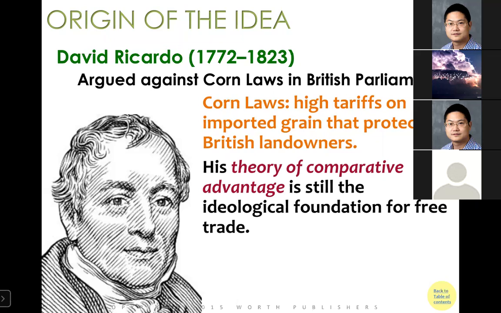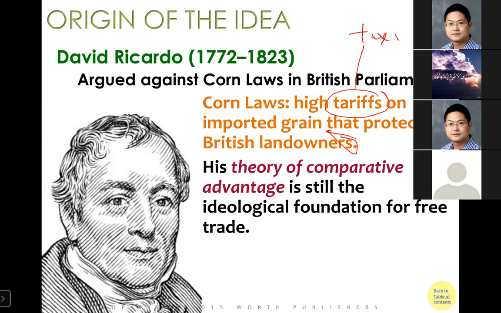The point of that high tariff is to protect British landlords. Some students may be wondering what a tariff is. A tariff essentially is a tax on imported goods and services. A high tariff essentially makes the imported grain, or the grain produced by foreigners, more expensive. That makes sure the British landowners who produce domestic grains have an advantage in the market. That's the point.